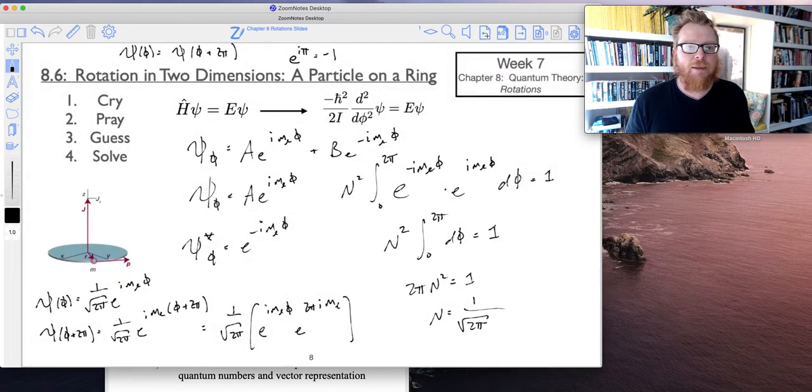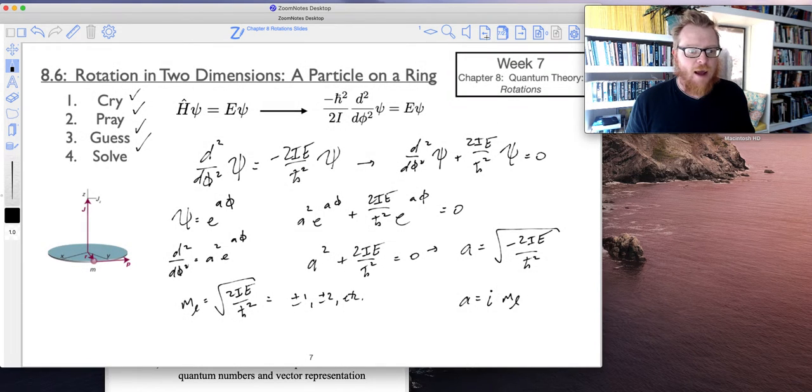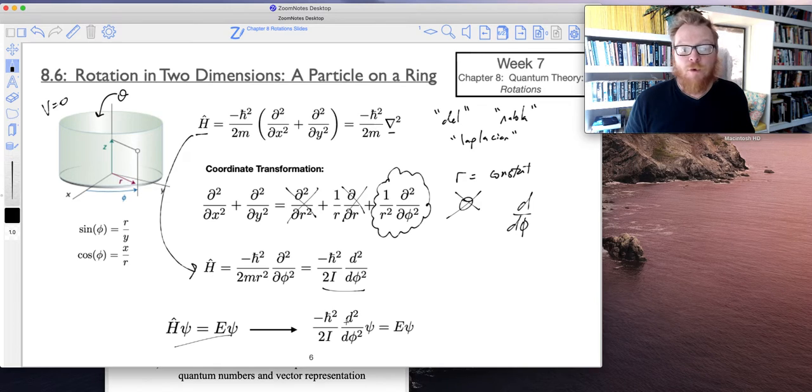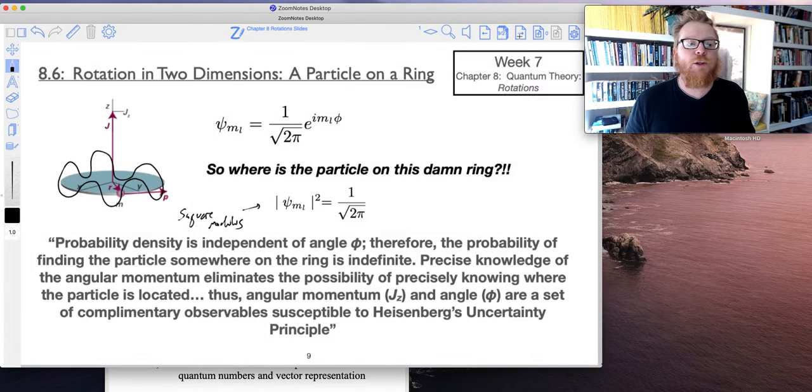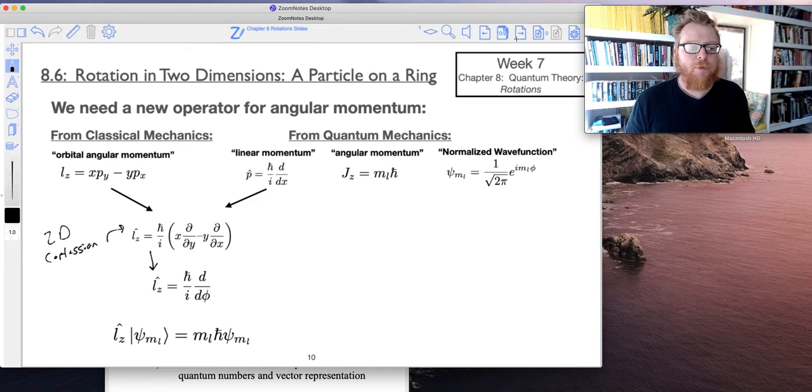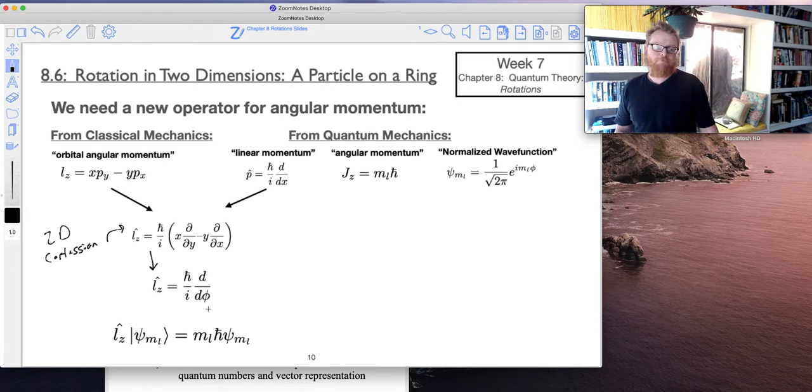Let's just back up and look at that one hot second. The kinetic energy operator, remember, was negative h bar squared over 2I times d squared/d phi squared, okay? Our angular momentum operator is going to be h bar over i times d/d phi, all right?